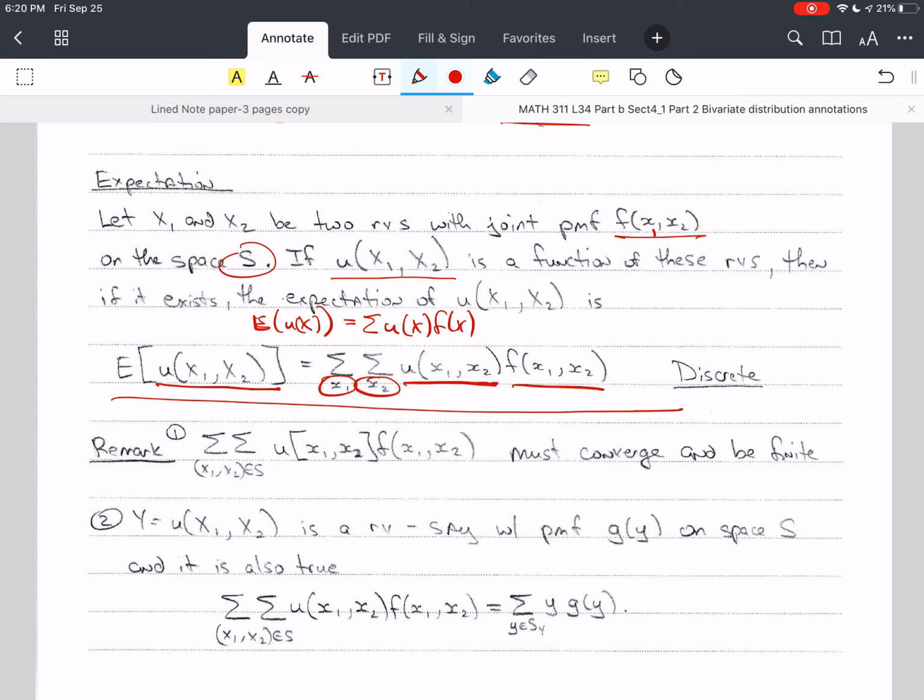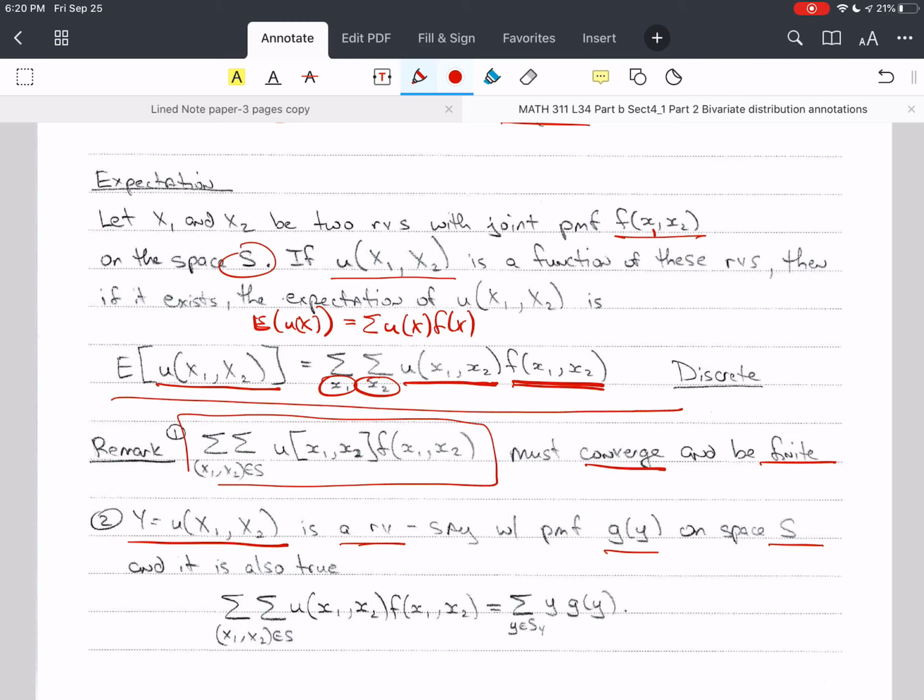You take the u times the f, and so it's the same form. In order for it to exist, this quantity has to converge and be finite, okay? If it's not finite, it doesn't converge, so that's a little redundant, but that's okay. So I'm going to let Y be equal to this function u of X1 and X2. Then Y is also a random variable, and let's say it has a PMF g of y on the space S.